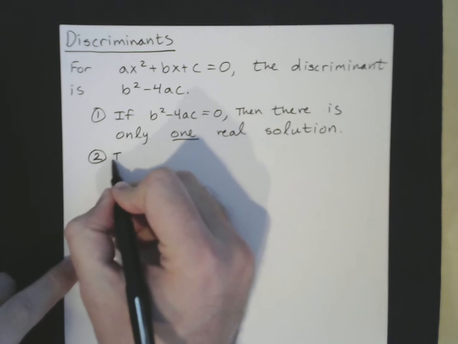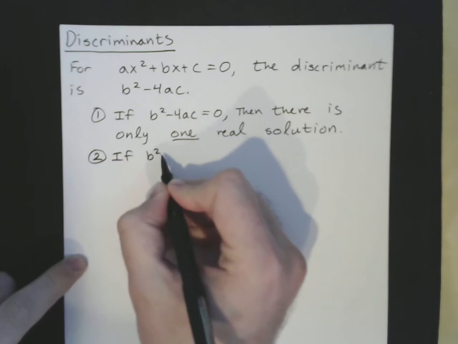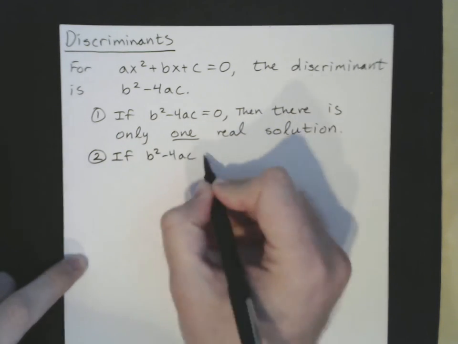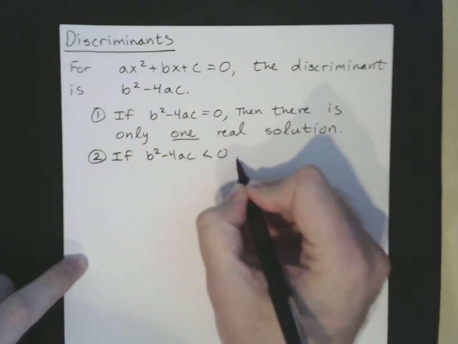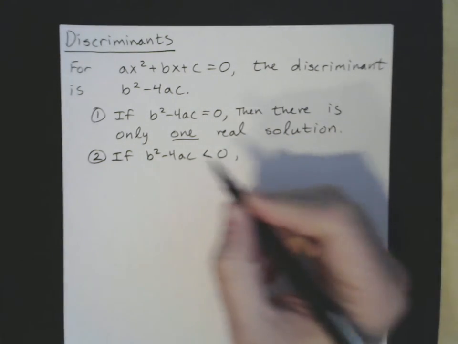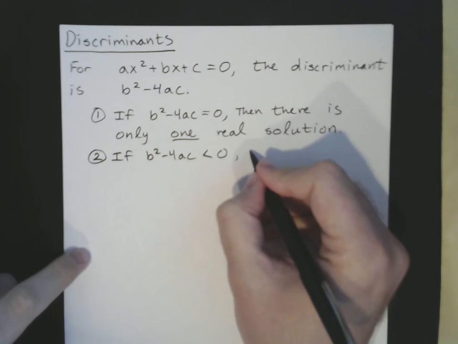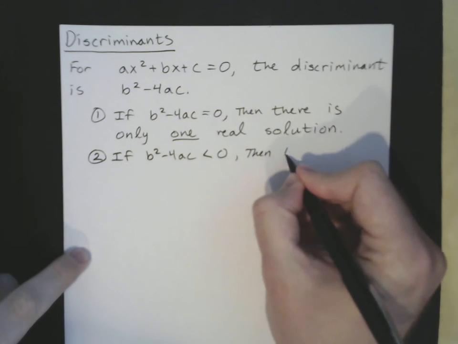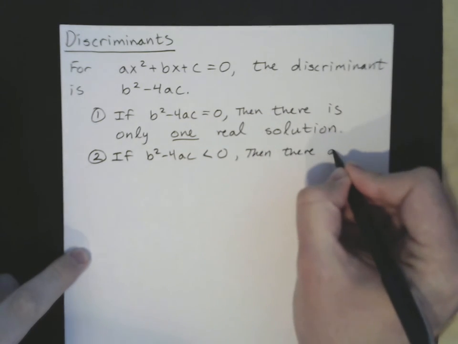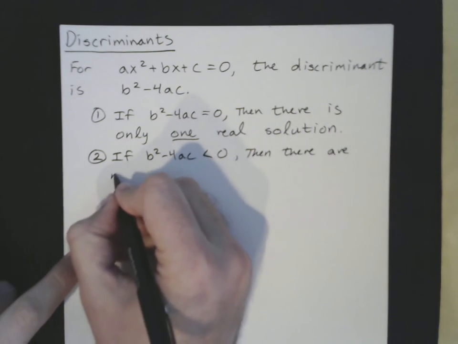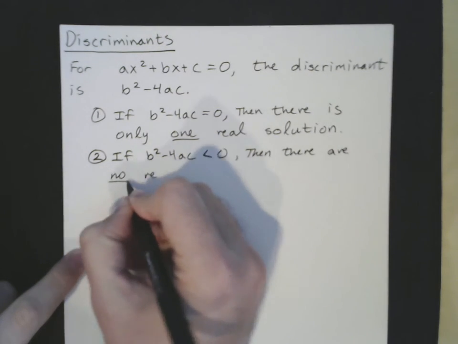Second, if b squared minus 4ac is less than 0, that means that we're going to get a negative under the radical. Then there are no real solutions.